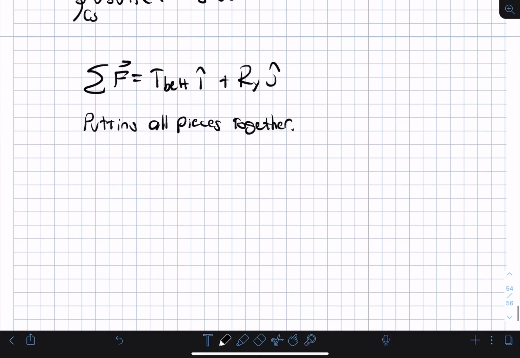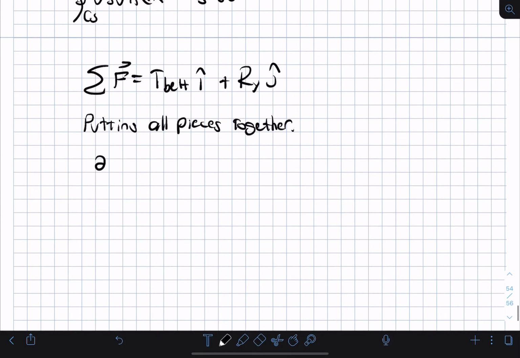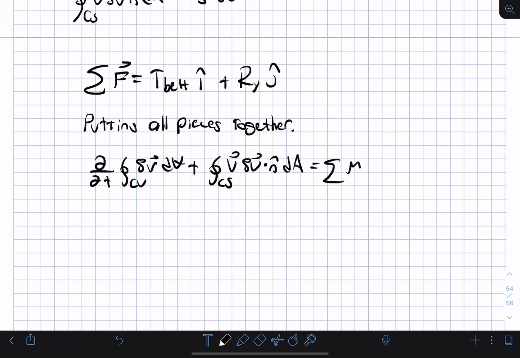What that entails is that we have partial t times the integral over the control volume of rho v dV plus the surface integral of v rho v dot n hat dA is equal to the sum of the forces, not the sum of the m's, the sum of the forces.